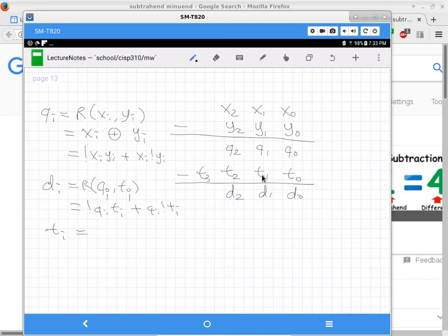So I will make this easier to write. When we look at T subscript of i plus 1, it has to do with the borrow of subtracting yi from xi, but it also has to do with the borrow of subtracting ti from qi.